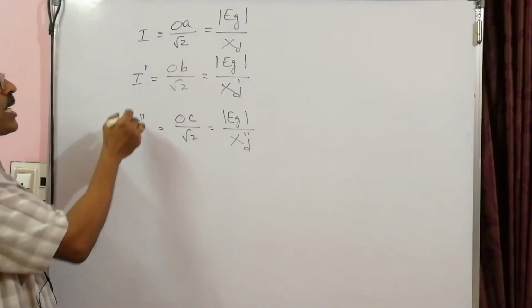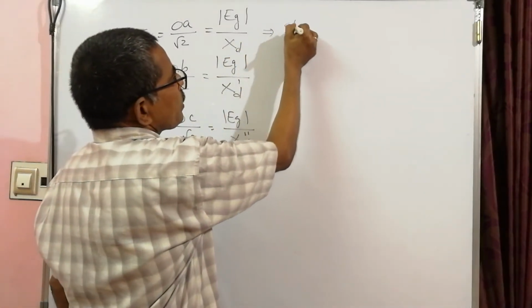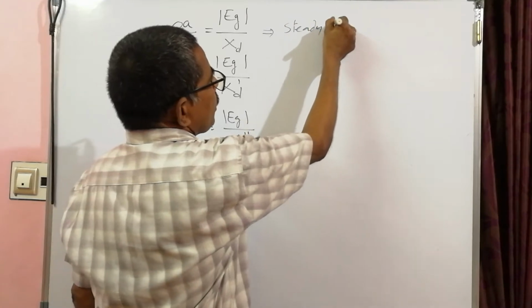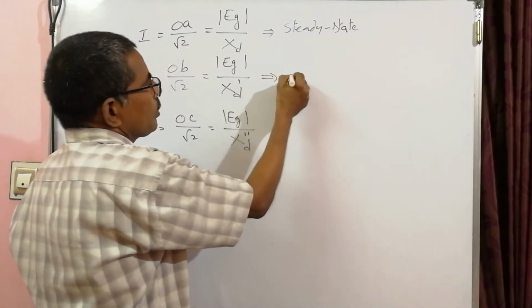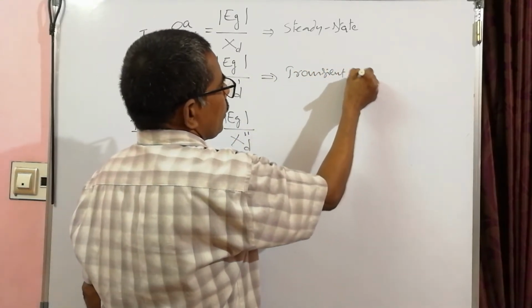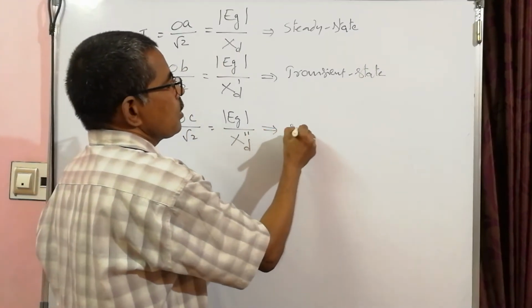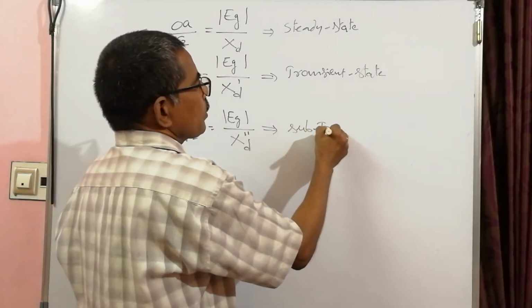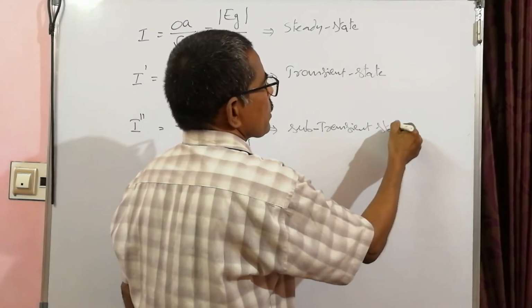So I, I dash, I double dash, these three are the steady state, transient state and finally subtransient state currents.